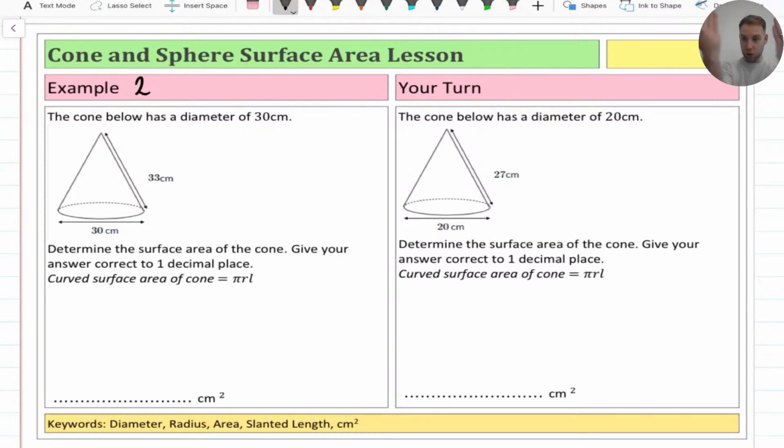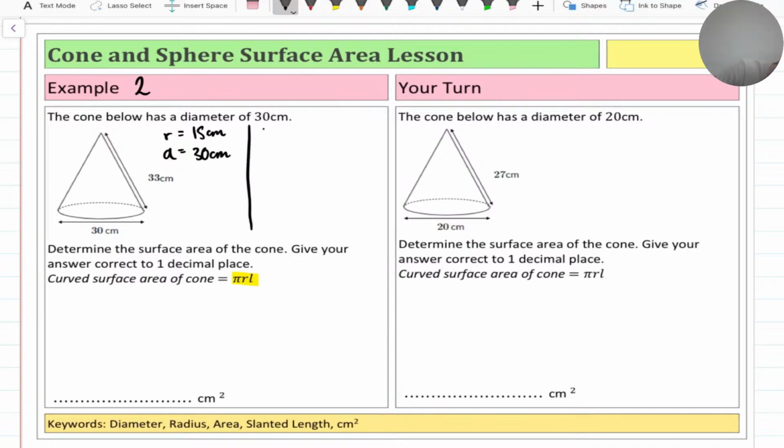We need to work out that curved top part, which we know is using the formula pi r L. But we also need the circle on the bottom. So we'll do the curve. In fact, before anything, we'll write down what the radius and the diameter are. The radius in this one is 15 centimeters. The diameter is equal to 30 centimeters.